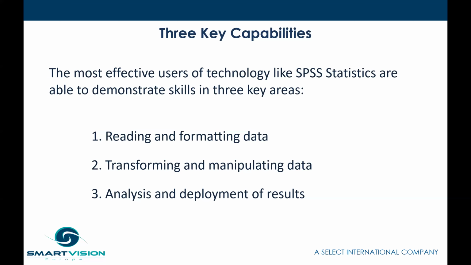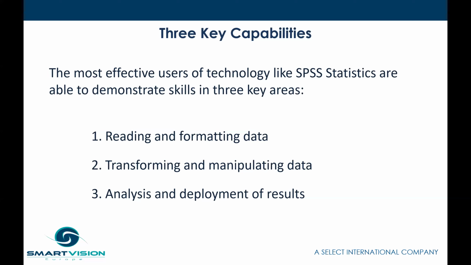Next thing would be transforming and manipulating the data in some form. So trying to recode it, or classify it, or recategorize it, or clean it up, do a lot of data cleaning, dealing with unusual values or mistakes. And the last area would be analysis and deployment of results, where we're really interested in obviously the analysis that we do and how we get those results out into the wider world.